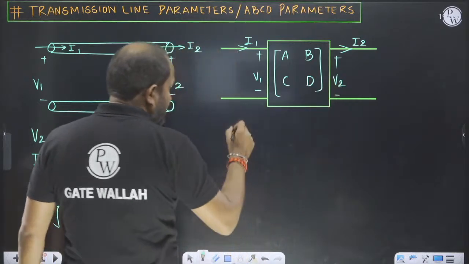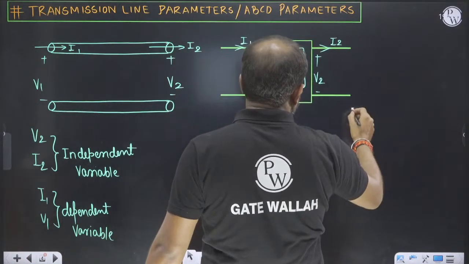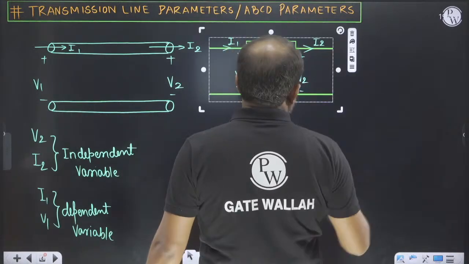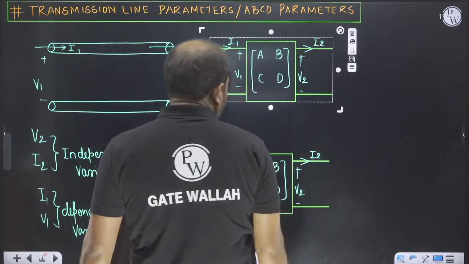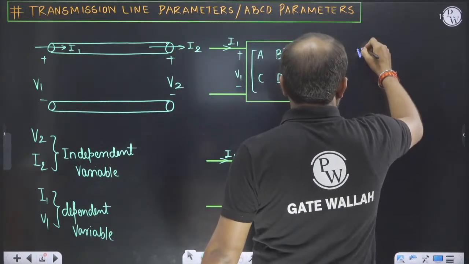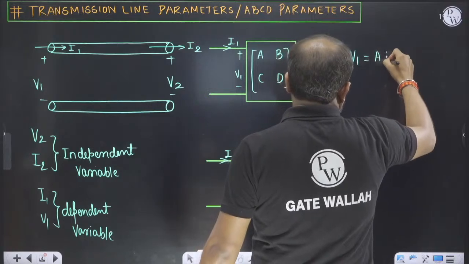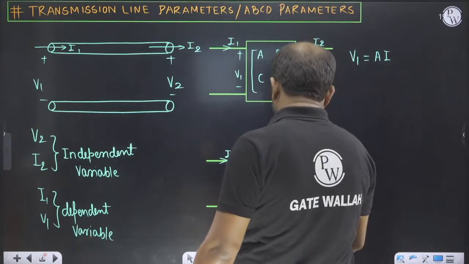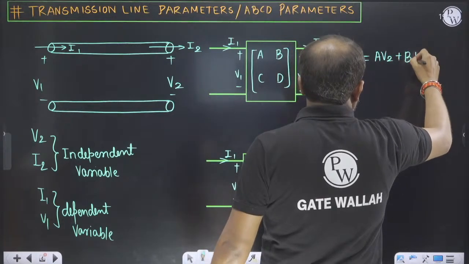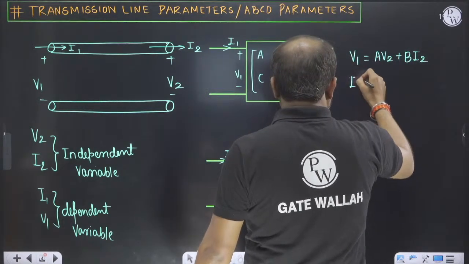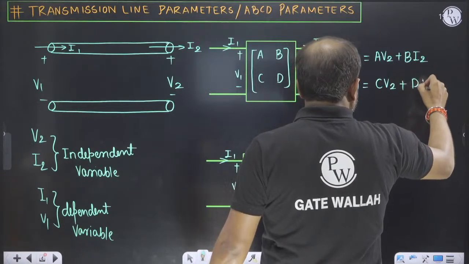In this case, the equation of current and voltage will be V1 is equal to A V2 plus B I2, and I1 will be equal to C V2 plus D I2.